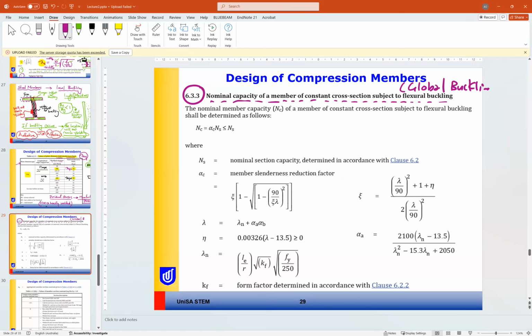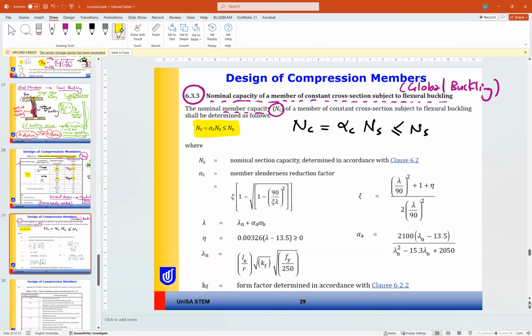As we discussed earlier, the member capacity is concerned with member or global buckling. The section capacity is concerned with local buckling. So the nominal member capacity NC will be calculated using this formula, NC equal to alpha C multiplied by NS, and should be less than or equal to NS.